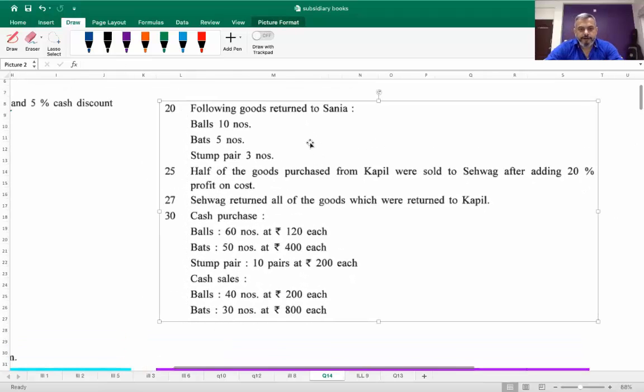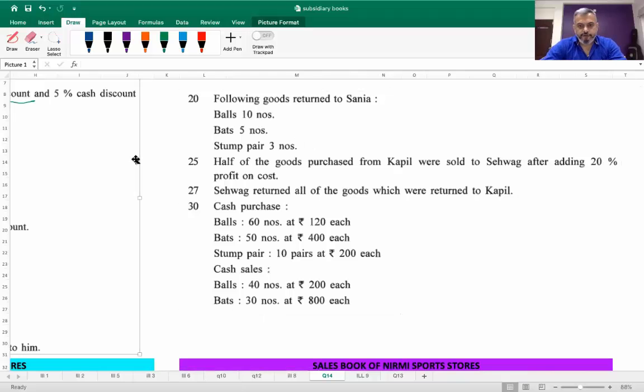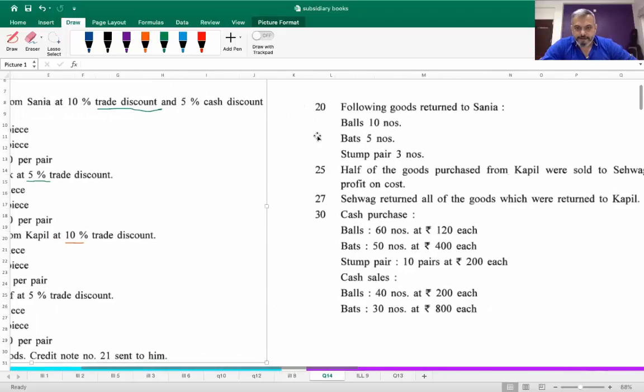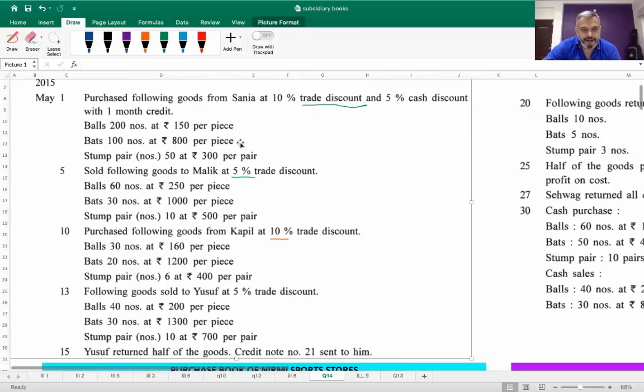Following goods returned to Sania. Now we have to check what rate, because your rate is not given. 10 balls, 5 bat, and 3 stump pair. So let's find Sania. Okay, Sanya, the rate is 150, 800 and 300.